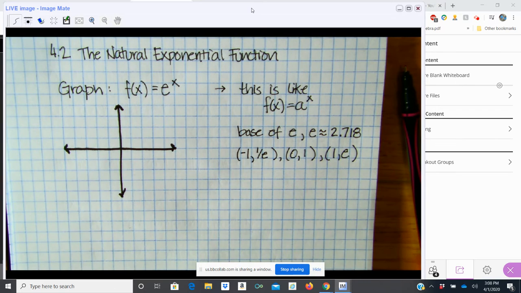Those would be the same for any exponential function. Your a would be different, clearly, but other than that, it would work out the same.